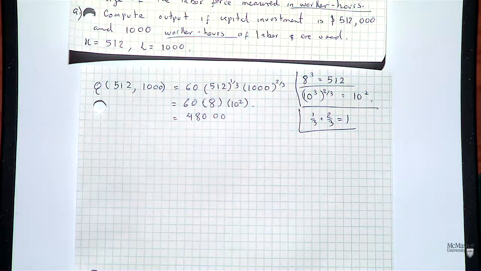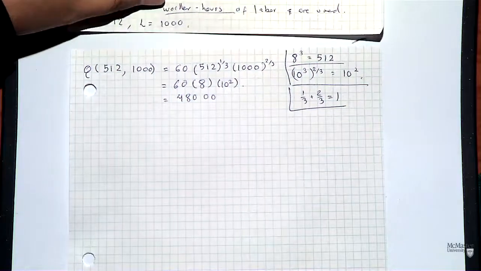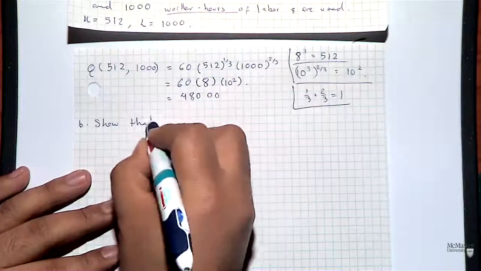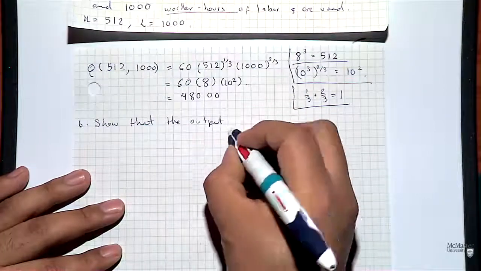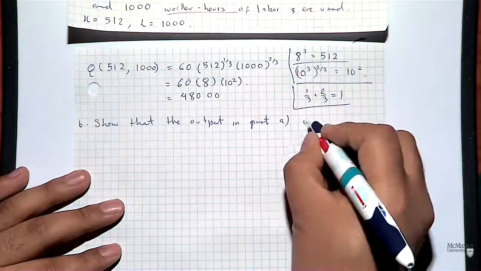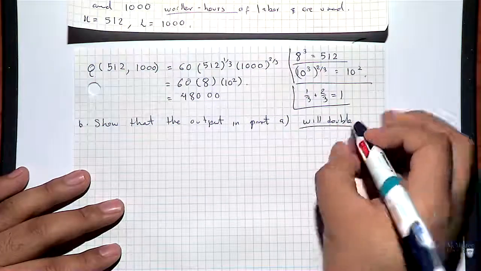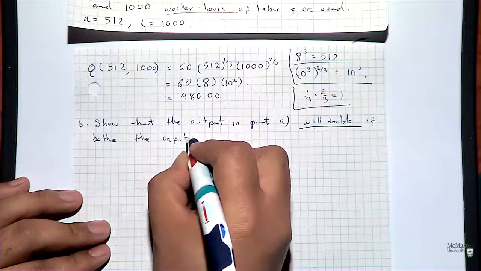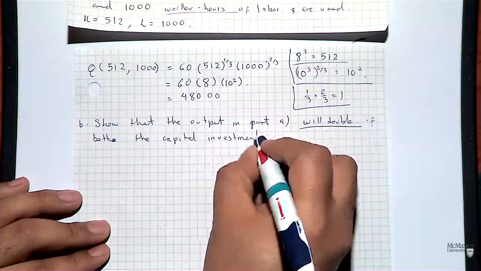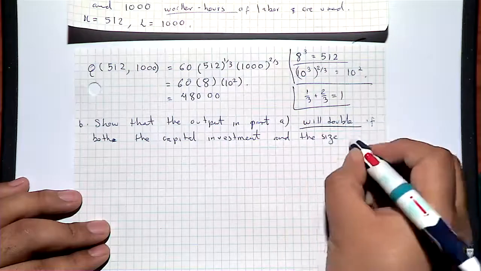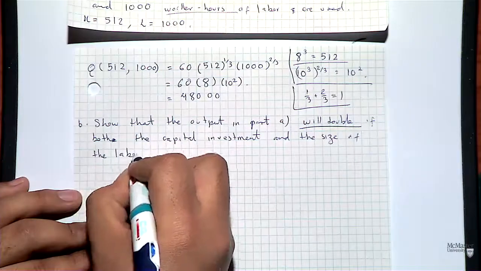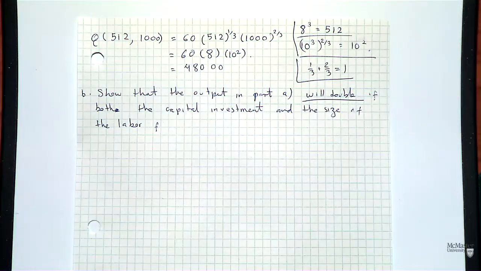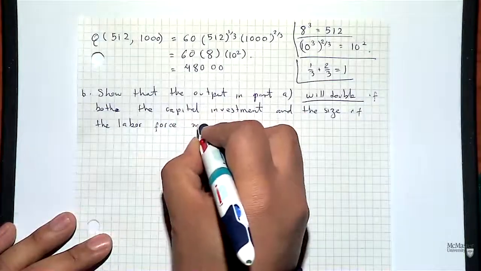because the second part asks us to show that the output in part A will double if both the capital investment and the size of the labor force are doubled.